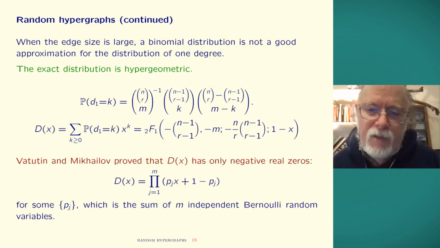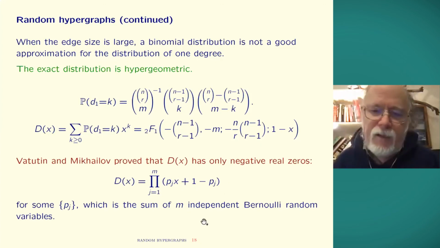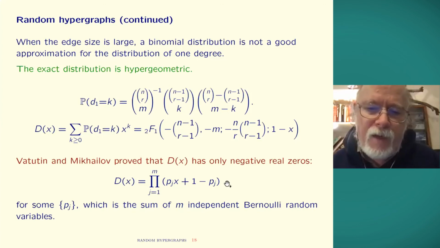And this means that it can be factored into linear factors that look like this, pj times x plus 1 minus pj, where every pj is between 0 and 1. And this is exactly the probability generating function of the sum of m independent Bernoulli random variables.